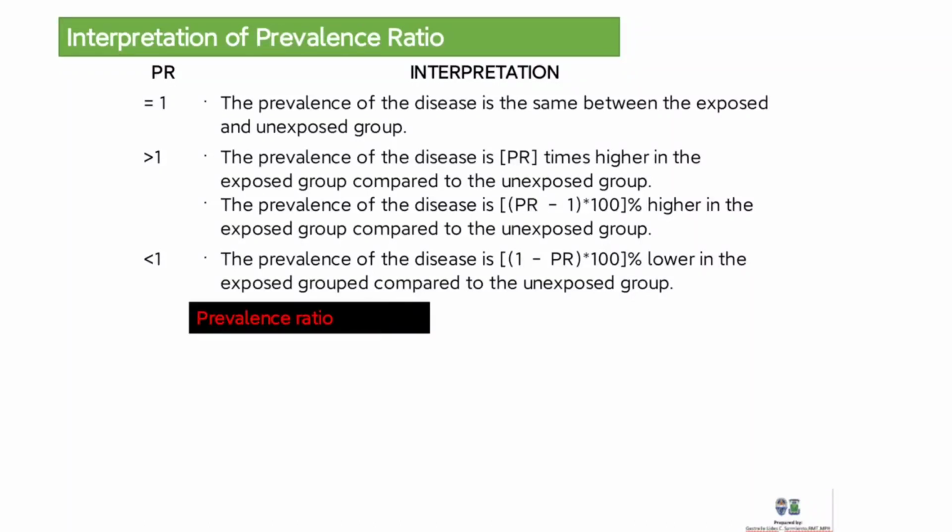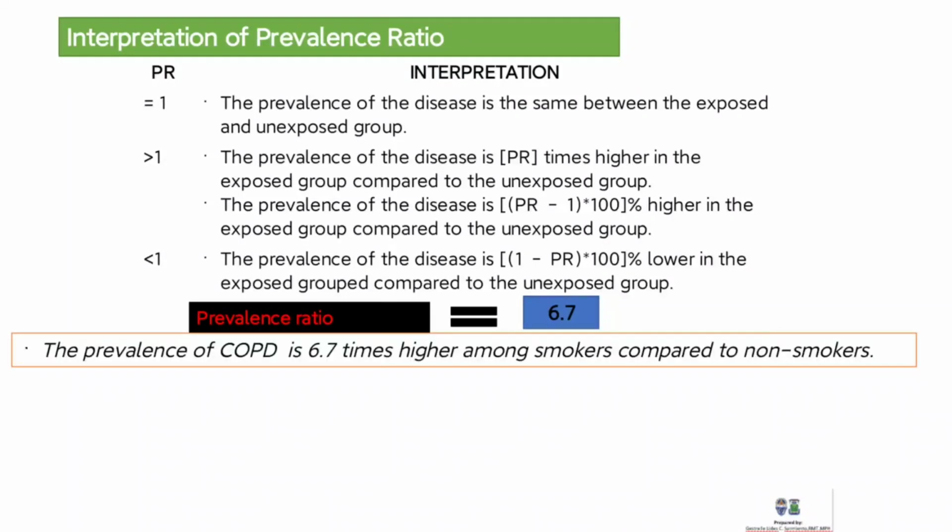So, balikan natin, ano ba yung computed value natin? 6.7, right? So, paano natin siya i-interpret? So, ganito siya. The prevalence of COPD is 6.7 times higher among smokers compared to non-smokers.